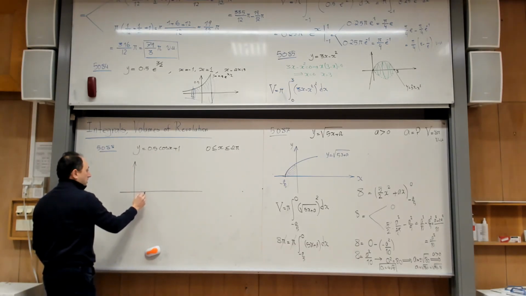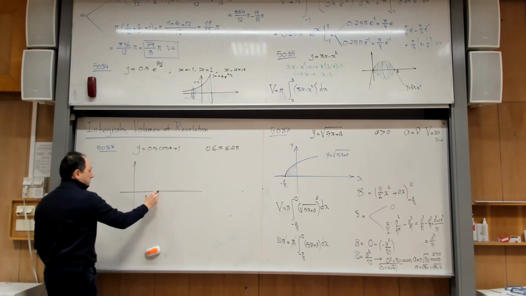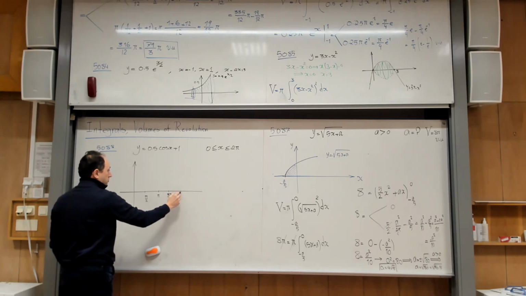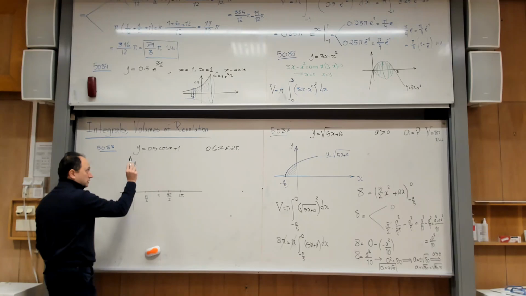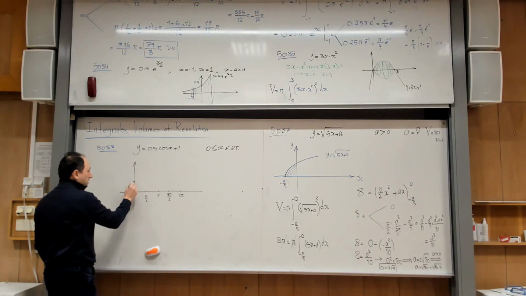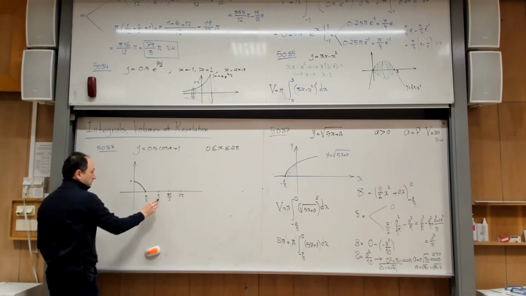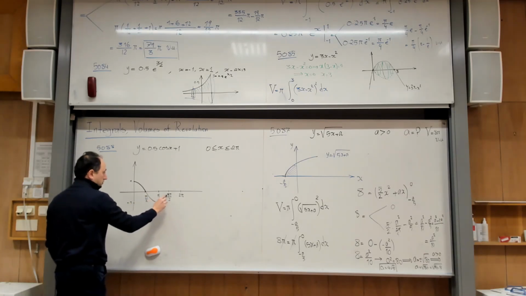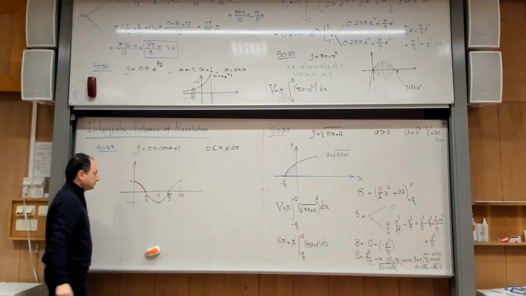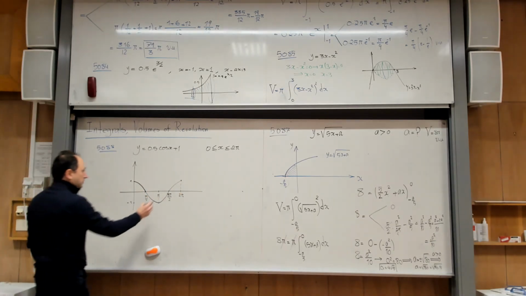So this is pi over 2, this is pi, this is 3 pi over 2, and that is 2 pi on this interval. I'm just considering cosine first, not 0.5 plus 1. Cosine x starts at 1, goes down, at pi over 2 becomes 0, and at pi becomes negative 1, and then it goes back up and returns to 1. Yes, that is the cosine function.